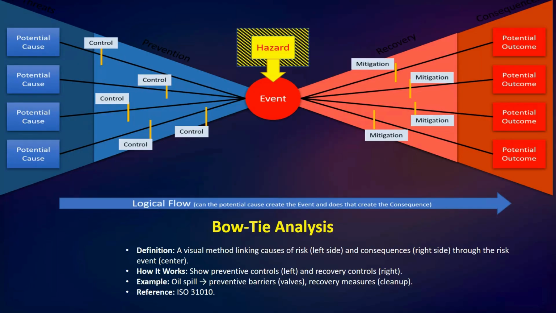Okay, so how it works: show the preventive controls on the left and recovery controls on the right. So, here you can see the example I have just explained before: oil spill equals preventive barriers, walls, and recovery measures, cleanup.